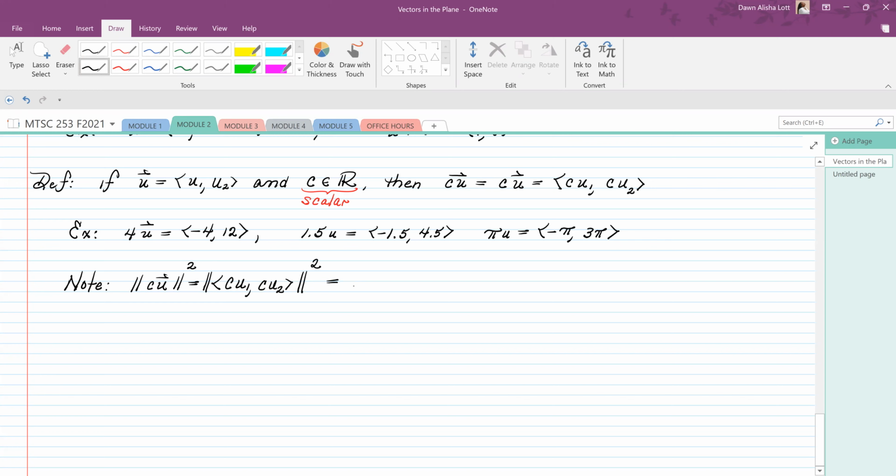So the length squared is going to be c squared u1 squared plus c squared u2 squared. And that is equal to c squared times u1 squared plus u2 squared. So therefore the length of cu is the square root of that thing.